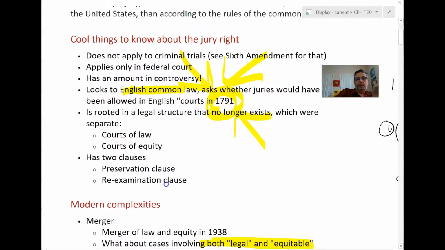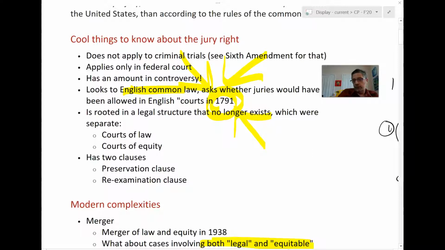under English practice in 1791, it would seem that the injunction would be something that did not have a jury right. That was decided by a court of equity, no jury right. But the money relief would be something that would probably be sought in a court of law in England in 1791.